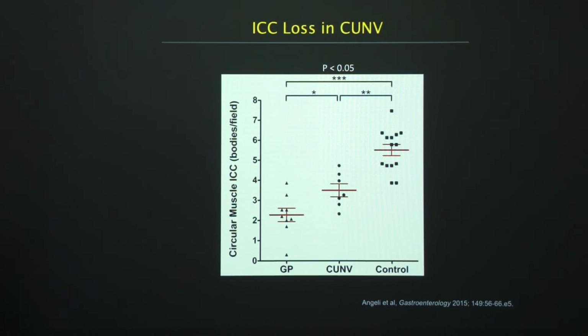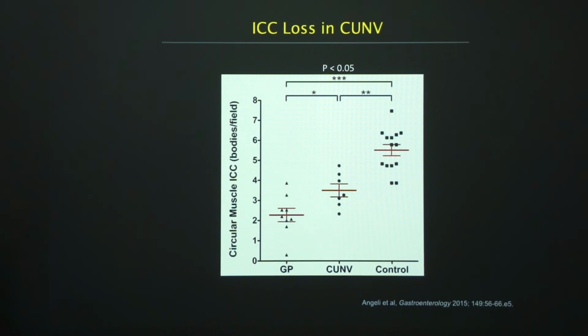So our hypothesis is that there's likely a spectrum within these patients that have ICC depletion that is on the less severe end, where we will be able to pace through those networks and restore normal activation. But there's probably a threshold of depletion through which we will not be able to entrain through that network.